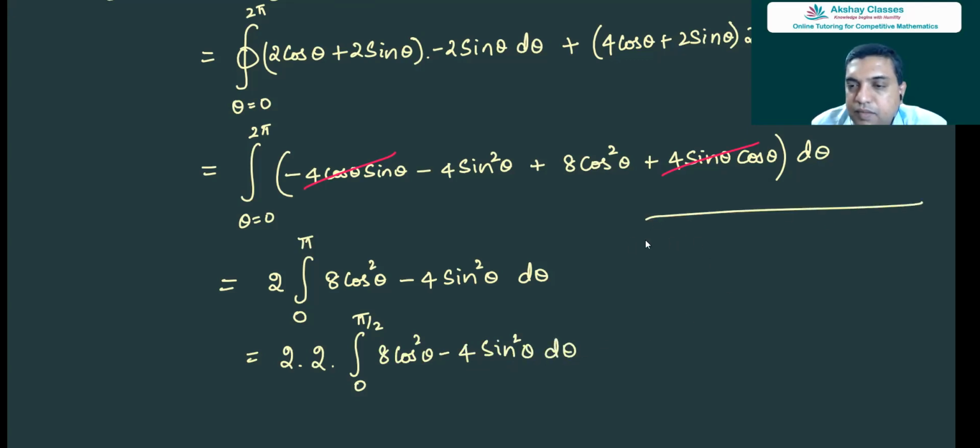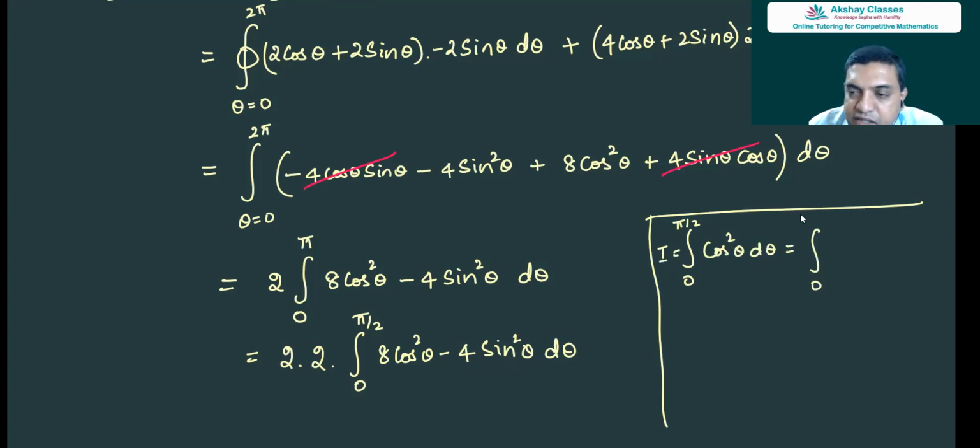Now, integral 0 to pi by 2 cos square theta, if it is I, it is same as integral 0 to pi by 2 cos of pi by 2 minus theta, that will be sine square theta. Integral 0 to a f of x dx is same as integral 0 to a f of a minus x dx.